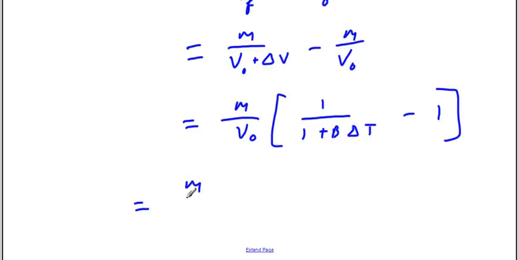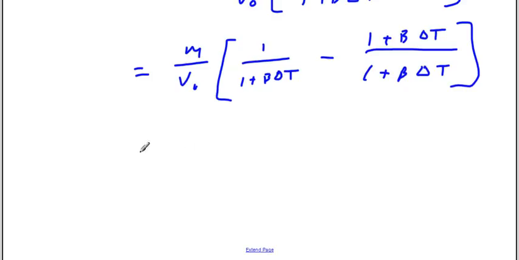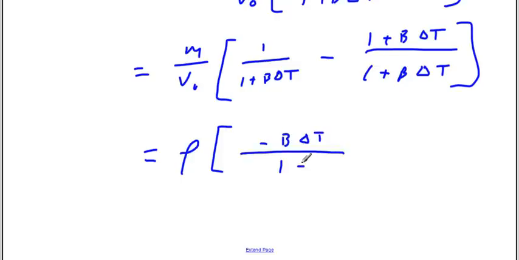So mass over volume naught, 1 over 1 plus beta delta t minus 1 plus beta delta t divided by 1 plus beta delta t. And then we could call that, well, mass over volume naught is just rho. So that'd be rho times minus beta delta t divided by 1 plus beta delta t.